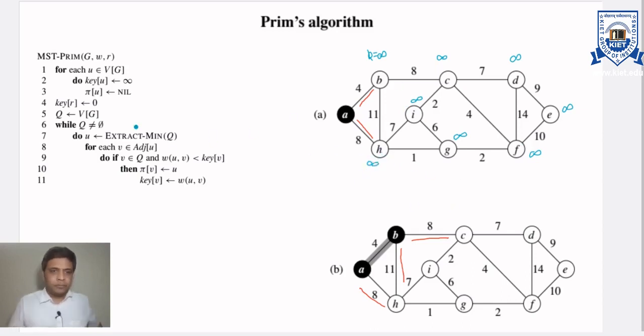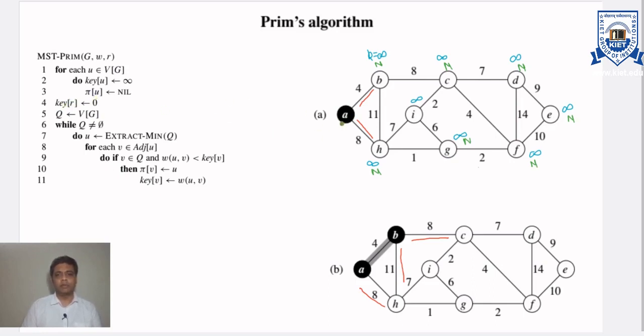And pi of u is nil. Let's say I put pi in a different color. So for every node the value of pi will be nil. I am putting n for nil. For the source, the starting point, key of r is 0 and pi would be nil.